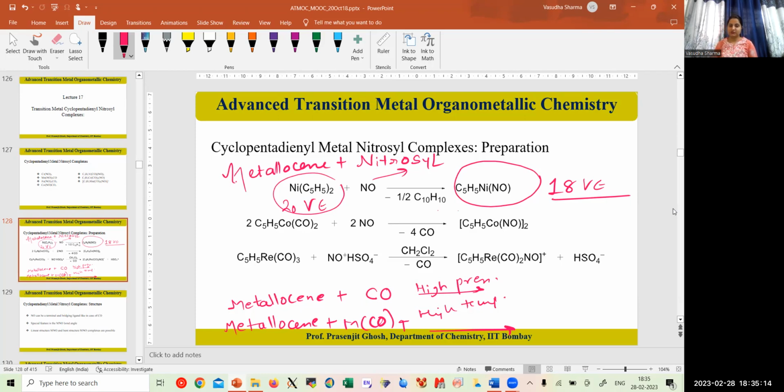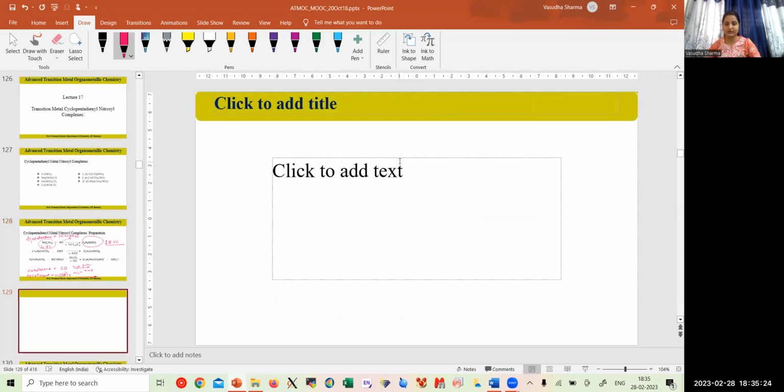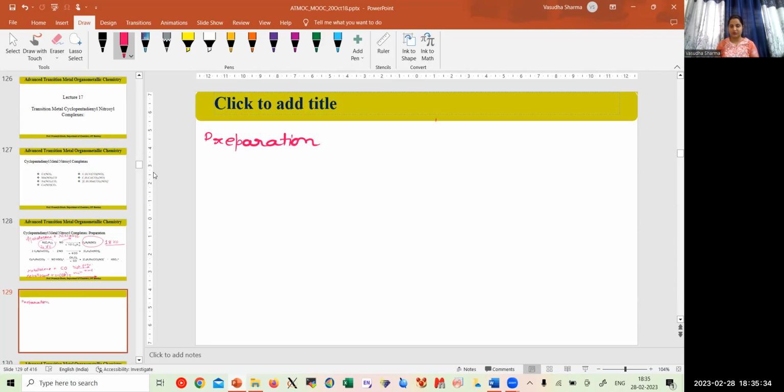Similarly, when we have cobalt, which is in C5H5, two molecules of this metallocene. Now, here we can write it this way. We can compare with the preparation of cyclopentadienyl metal nitrosyl.